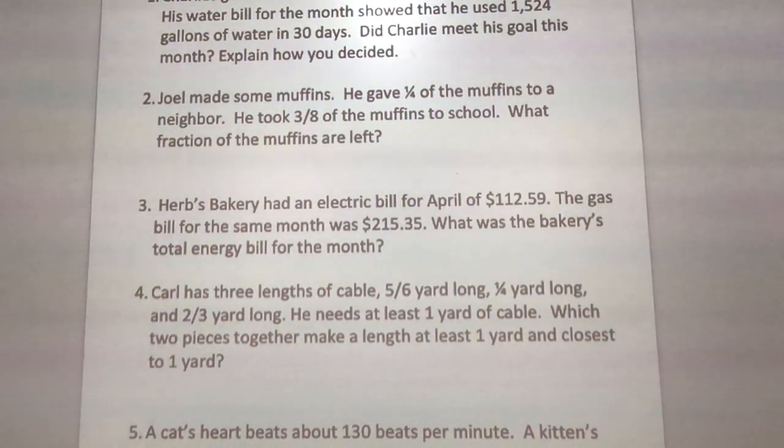You do the whole thing, number 3. Bucks method, and you solve it.